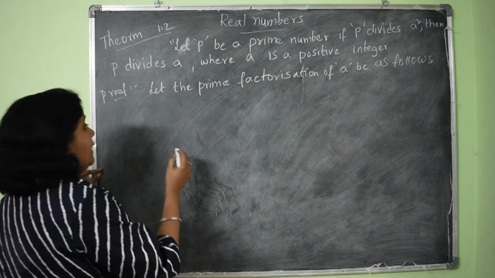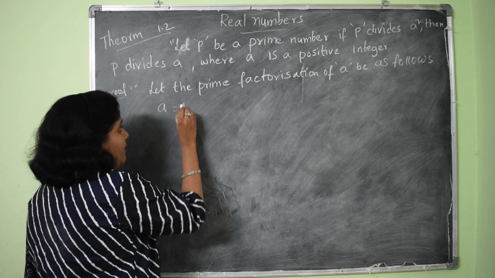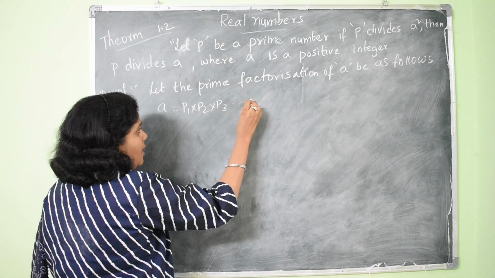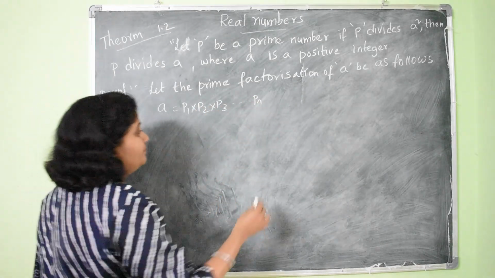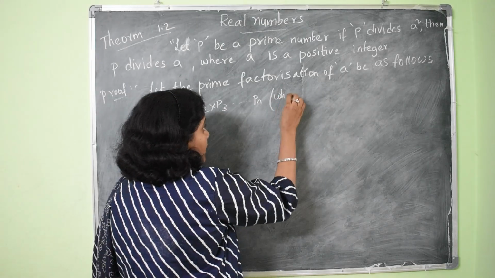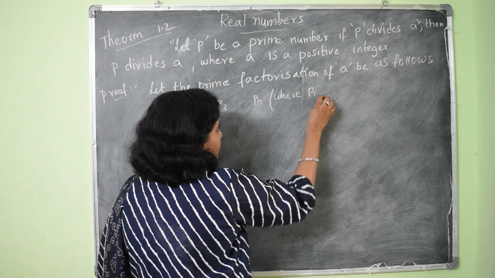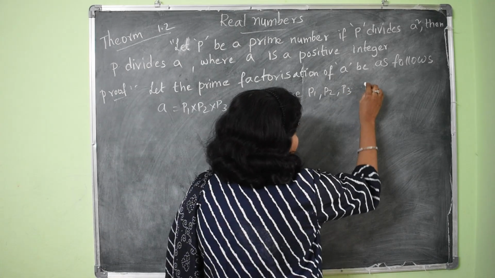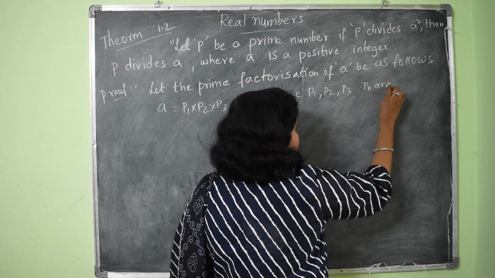Let A is equal to P1 into P2 into P3 into so on Pn, where P1, P2, P3 so on Pn are not necessarily distinct.